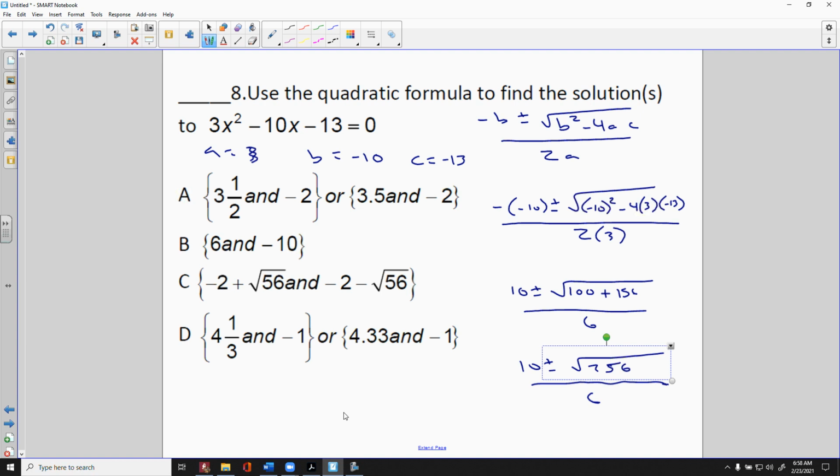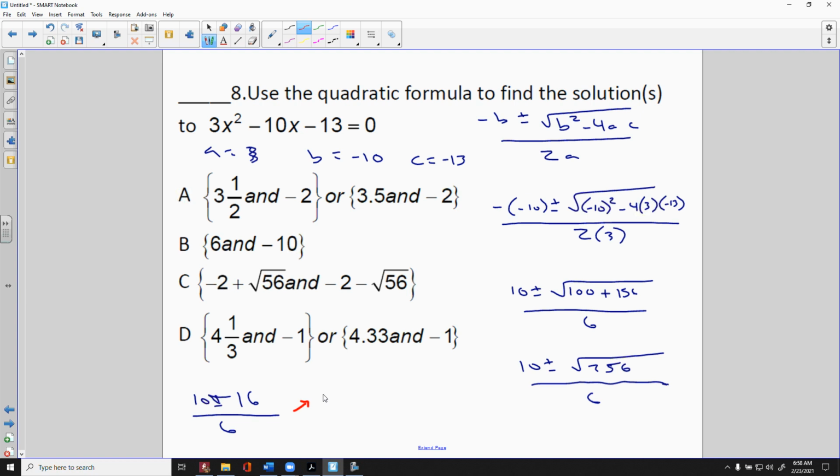All right, so 10, I'm going to go ahead and write it over here. 10 plus or minus the square root. Oh, I already took the square root. Sorry about that. Plus or minus 16 over 6. So remember, that is 2 math problems.